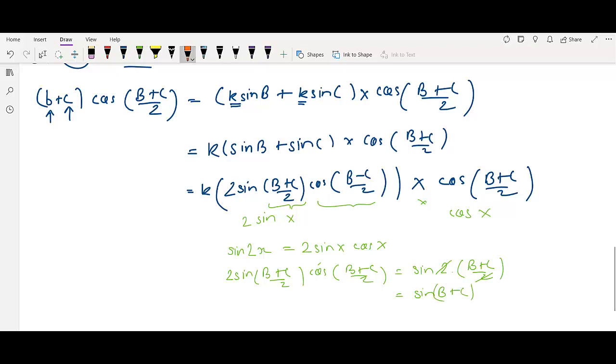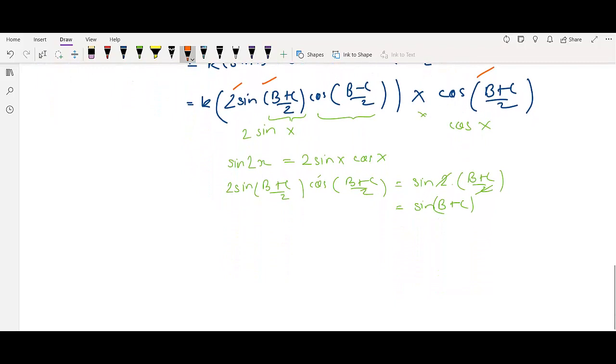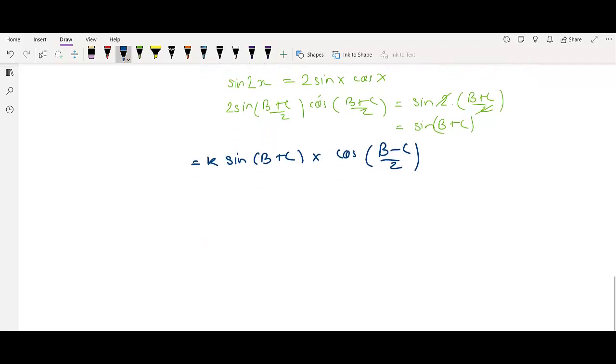Okay, so this term and this term, they merge into one term, which becomes sine of b plus c equals k sine of b plus c into cos of b minus c by 2. Okay, now as I mentioned earlier, a plus b plus c, which are again the angles of the triangle, the sum of these angles equals pi radians, or 180 degrees.